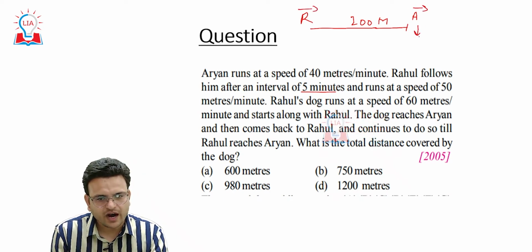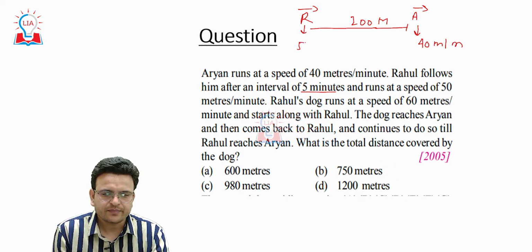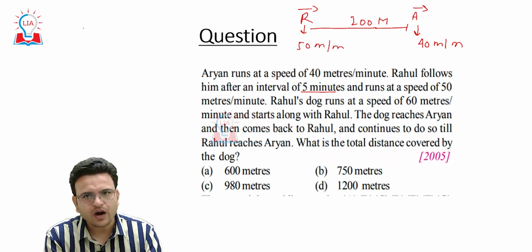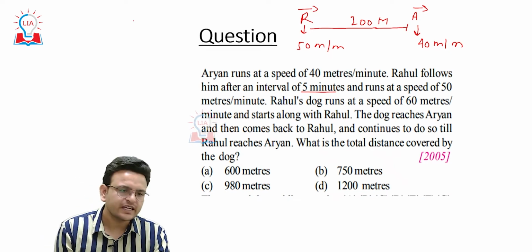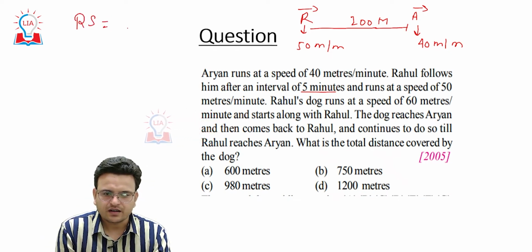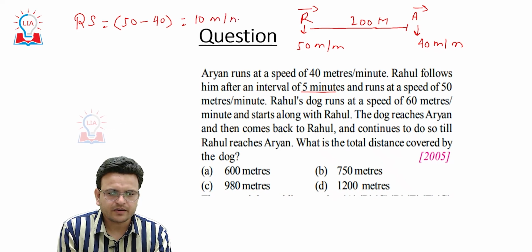The speed of Aryan is 40 meters per minute. Speed of Rahul is 50 meters per minute. Both Rahul and Aryan are moving in the same direction, so their relative speed will be 50 minus 40. That becomes 10 meters per minute.